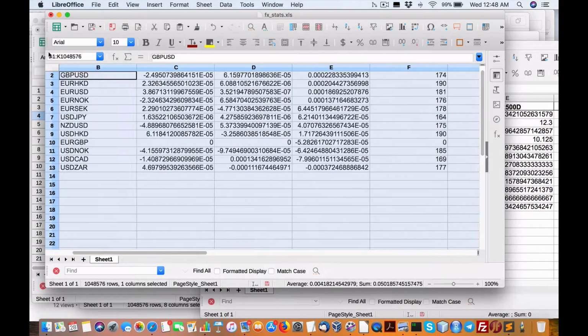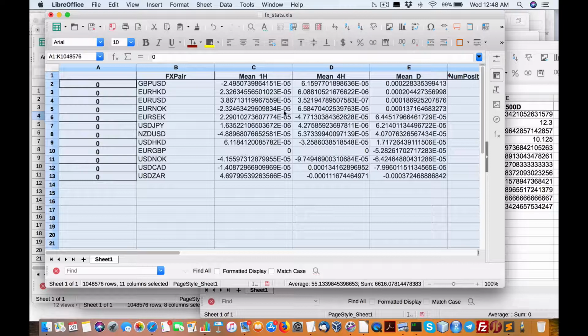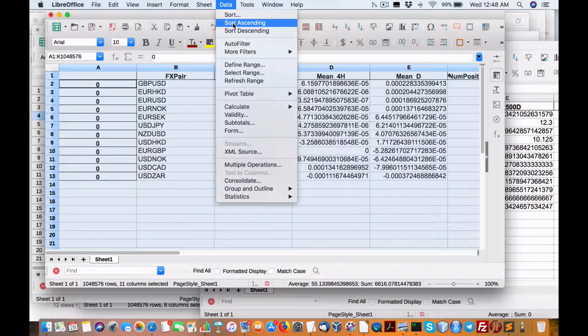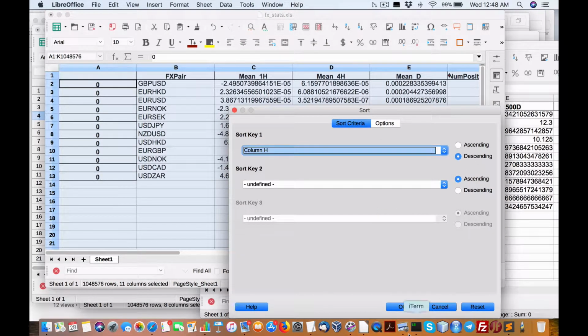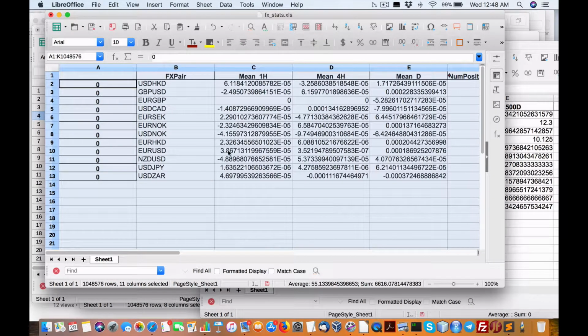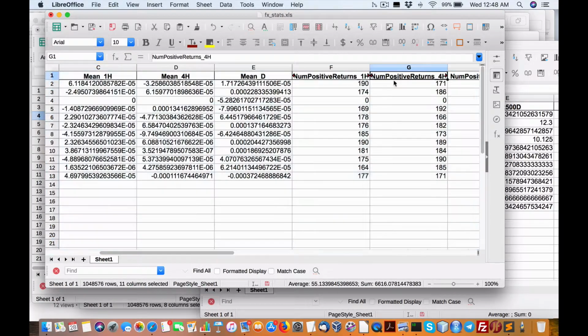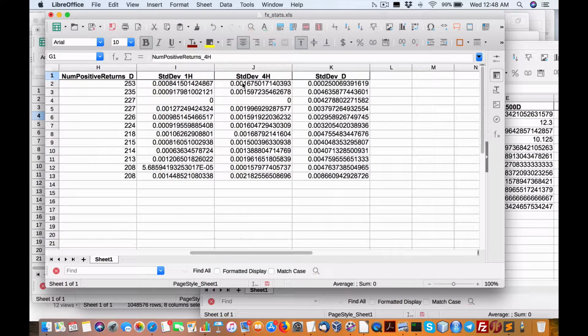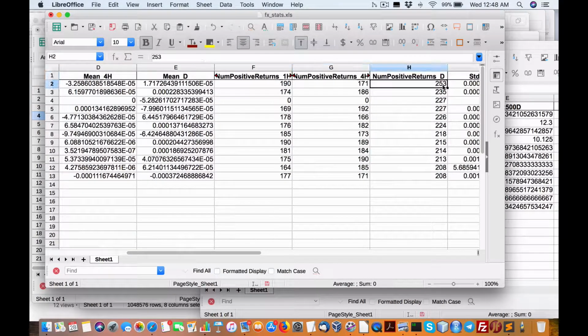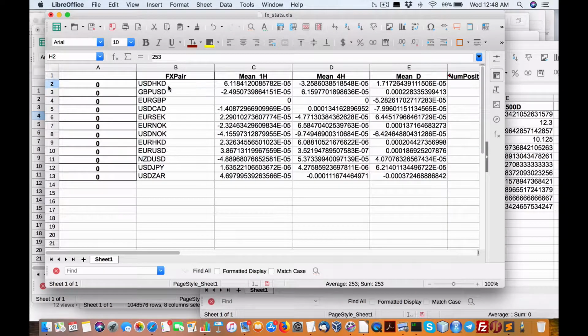Okay. Now again, I can do all this automatically. I just want to show the mechanics of everything here. So we are going to sort on column H, descending. Okay. So here, once again, on our daily number of positive returns, we have the order in this order.